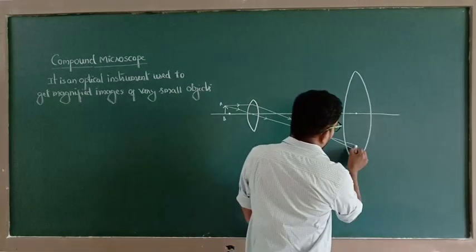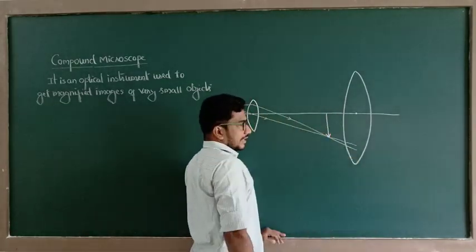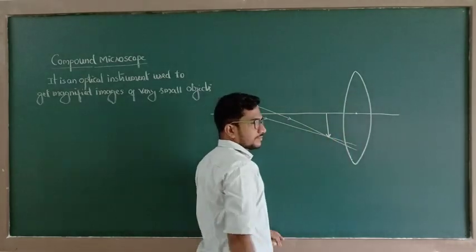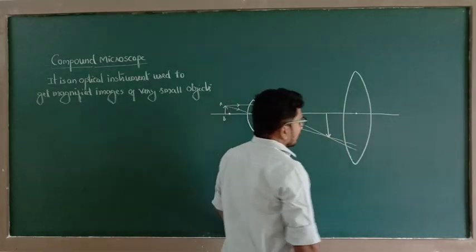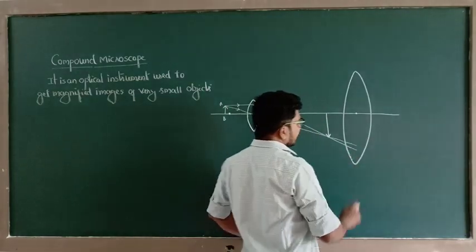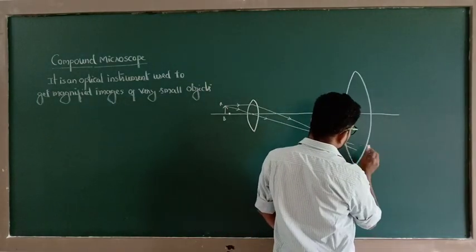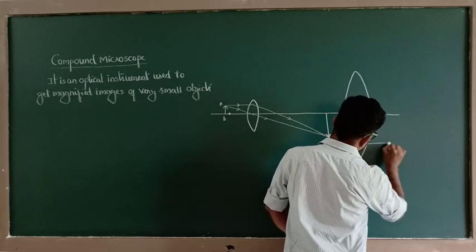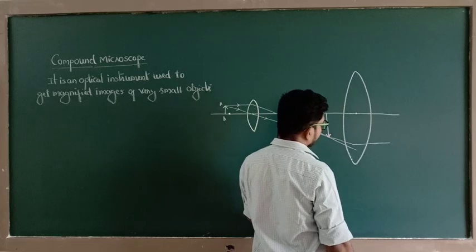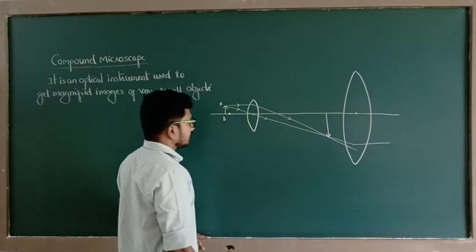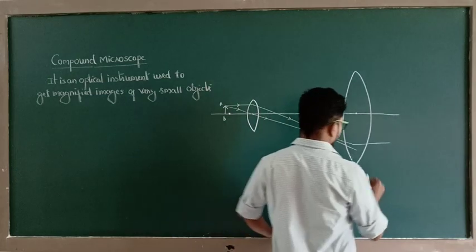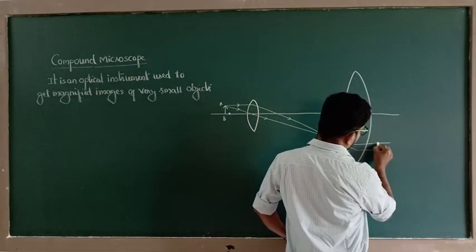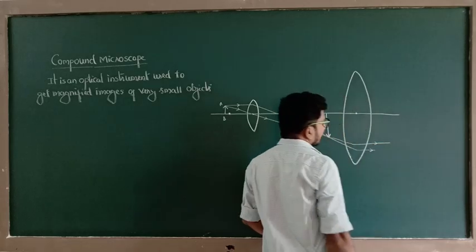Now these two refracted light rays become incident light rays for this lens. After refraction from this lens, we will get a divergent beam of light.